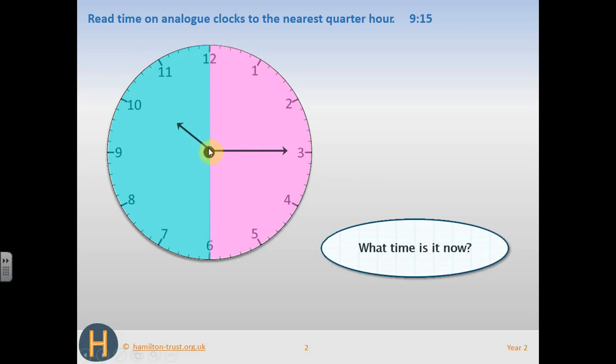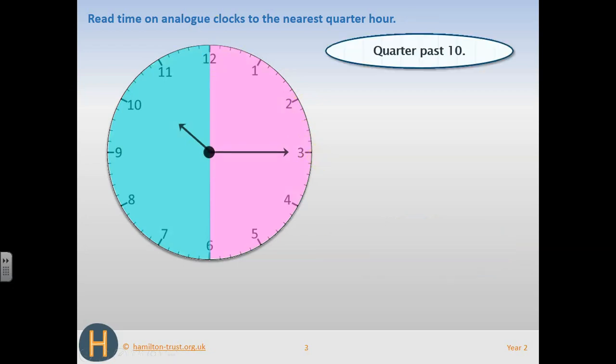Absolutely, quarter past 10, because the hour hand has gone past the 10. The minute hand is pointing at the 3, which we know because we're super clever, that means quarter past. We know it's quarter past because it's 15 minutes from the hour. 5, 10, 15. Quarter past 10.